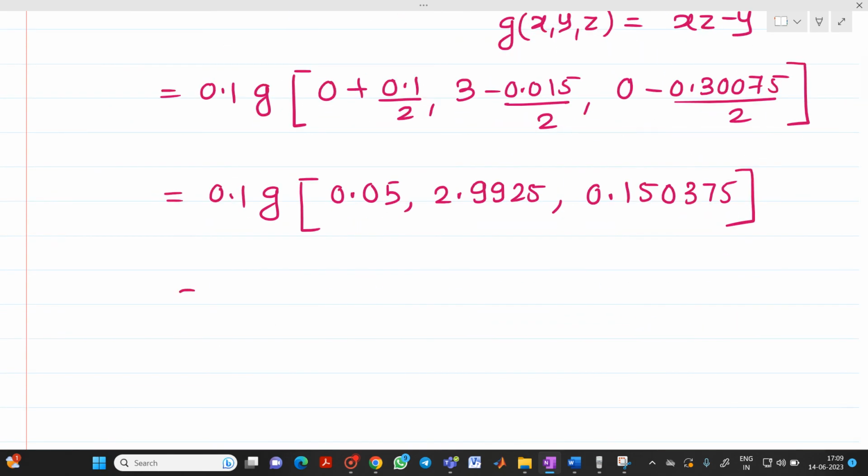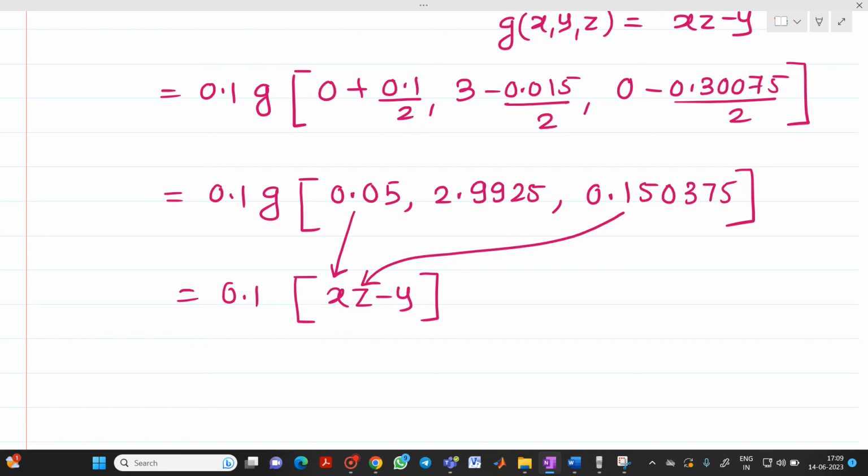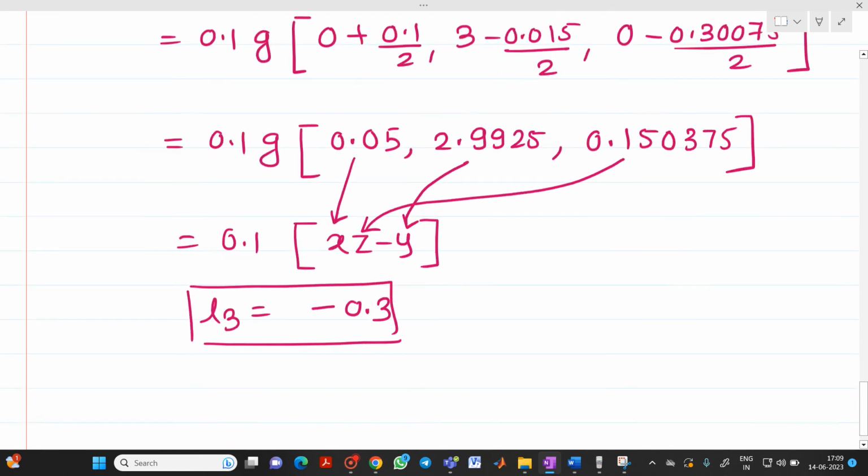It is xz minus y. X is 0.05, z is 0.150375 and y is 2.9925. If you solve this, you will get the answer of L3 as minus 0.3. So this will be the answer of L3.